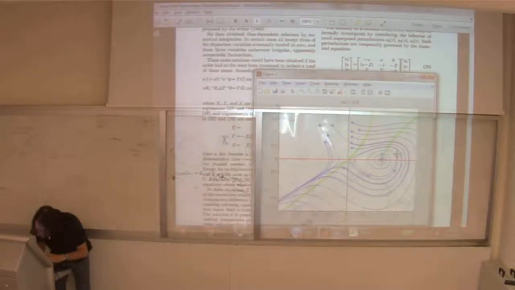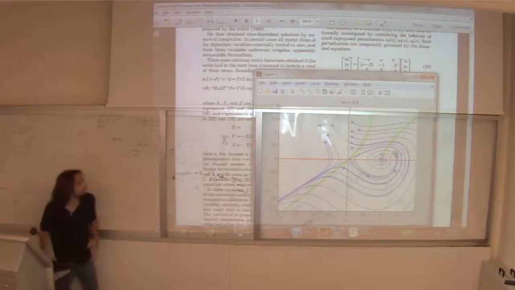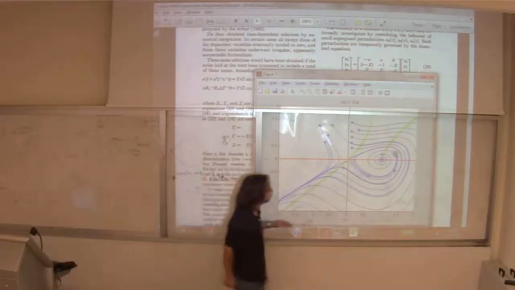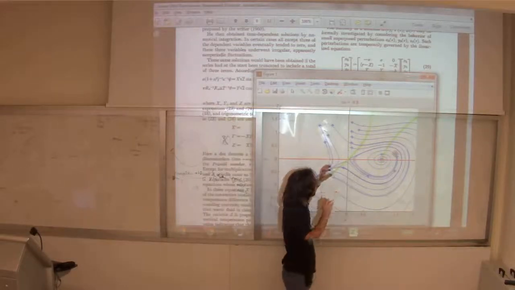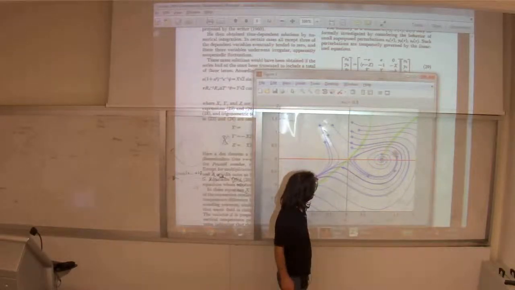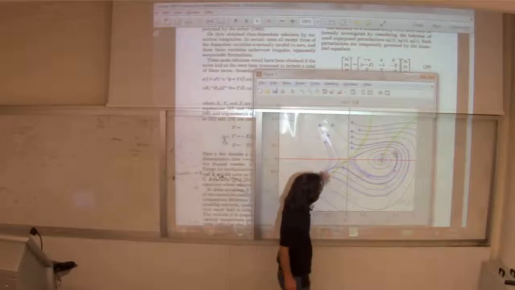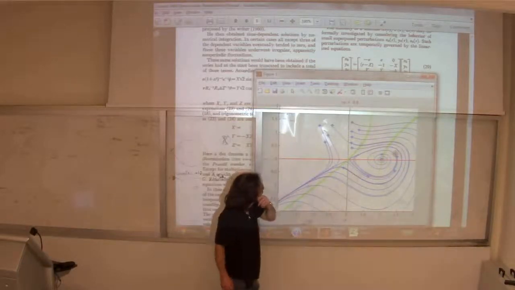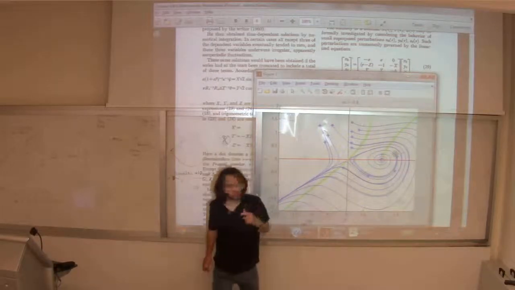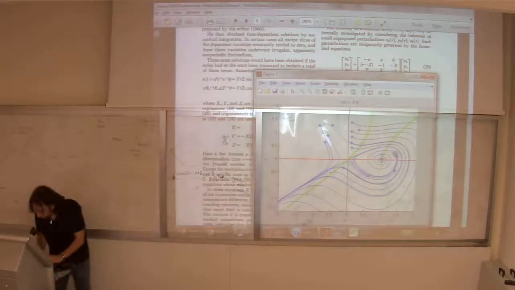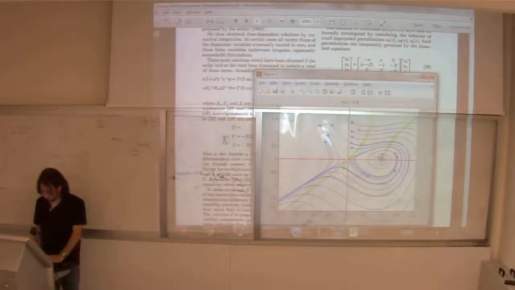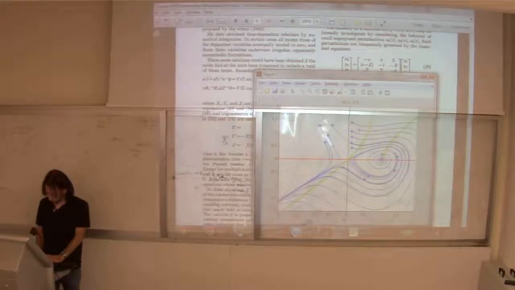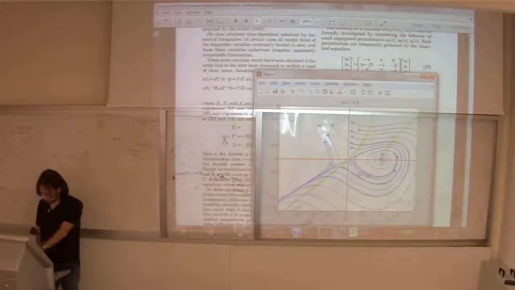This system is an example of the homoclinic bifurcation. This is a situation where there is no limit cycle. So things spiral out of here and are thrown away here.